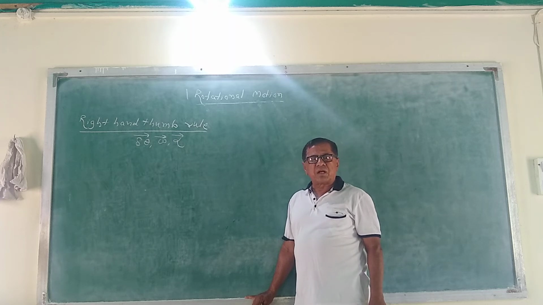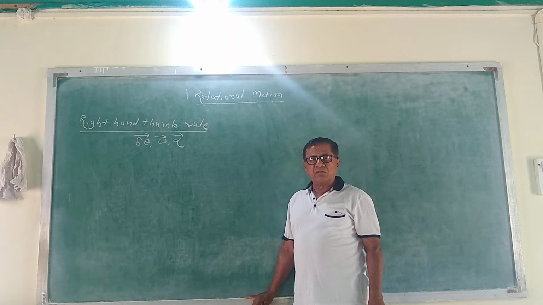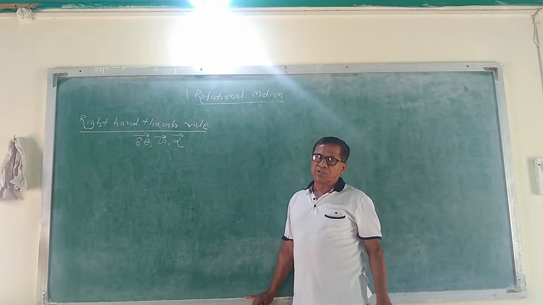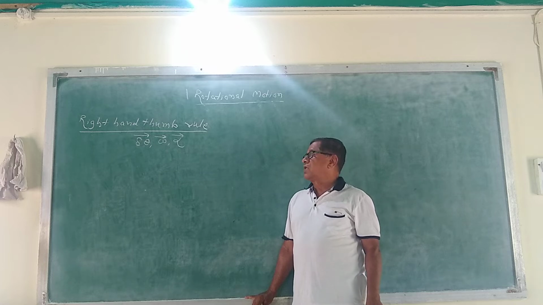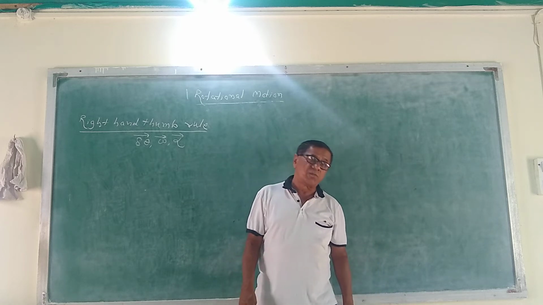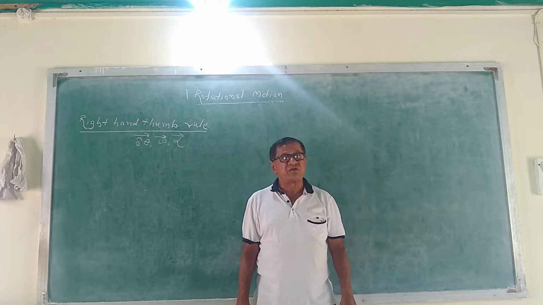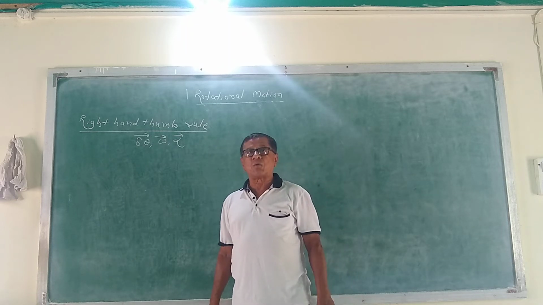In the case of the translational motion, the direction of the velocity is along the direction of the motion. But in the case of the rotational motion, the direction of the delta theta bar, that is the infinitesimal angular displacement, angular velocity, and the alpha bar are along the axis of rotation, which is given by the right hand rule.